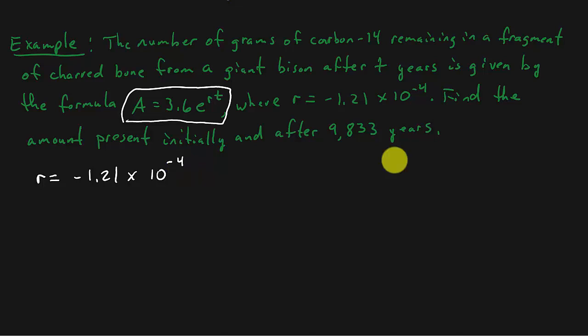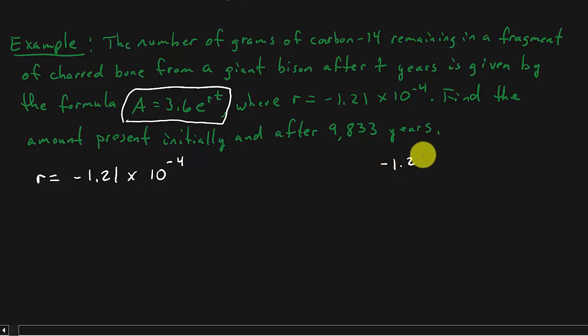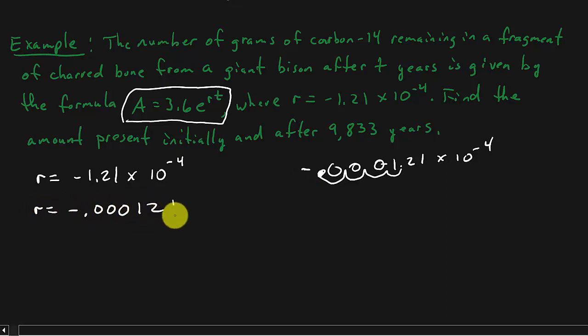So remember, the negative 1.21 times 10 to the negative 4, I'm going to move it 1, 2, 3, 4 places, so I need to add zeros here. Of course, that negative will come out there. So R is negative 0.000121. So that's R. We just converted it from scientific notation to standard form. That's all we did. They're the same number.